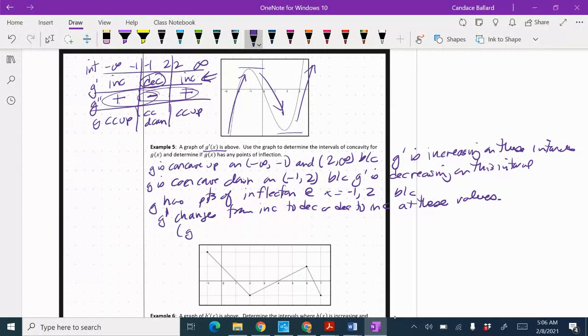Or you could say g double prime changes sign instead of increasing to decreasing.